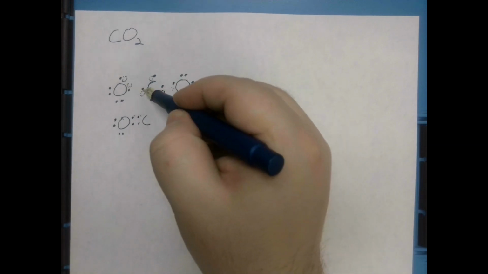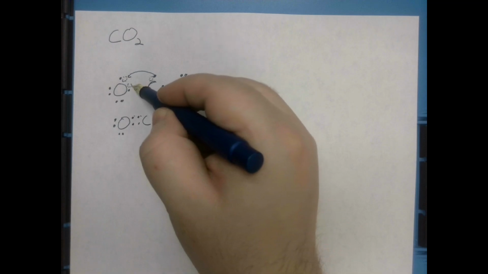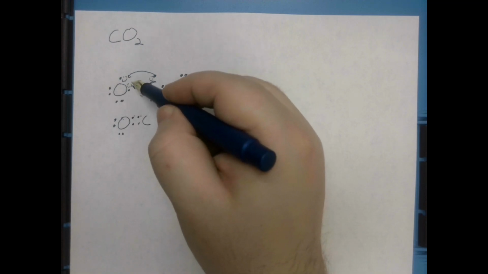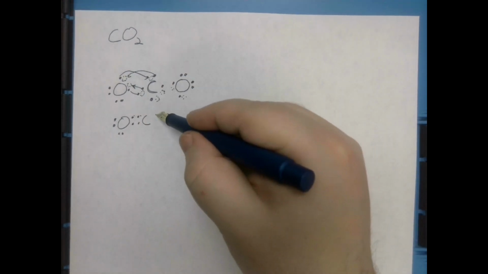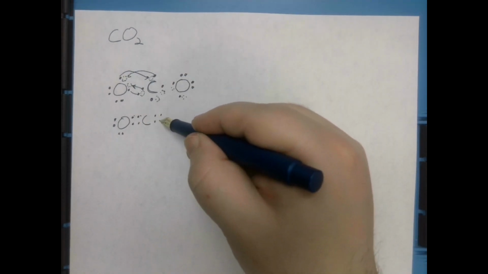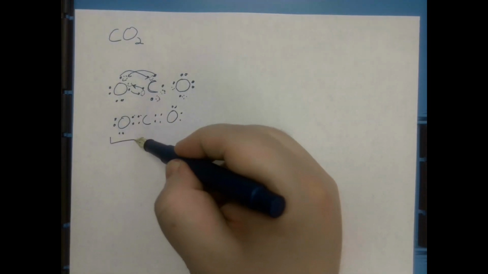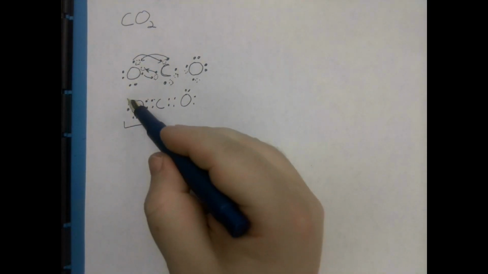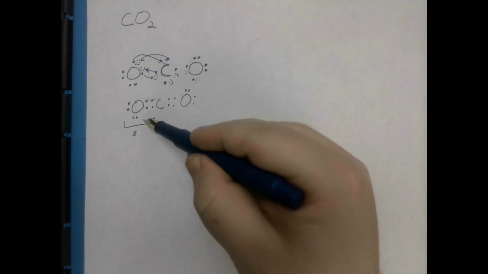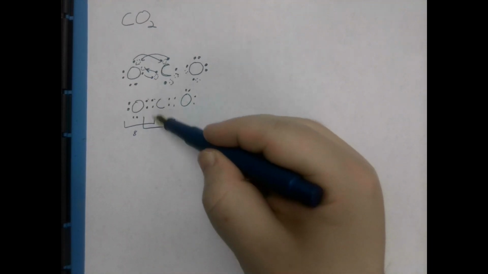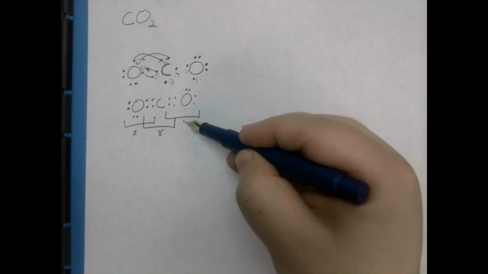So this electron's going to go here. This electron's going to go here. This one is going to go here. And this one goes over here, sharing. Same thing for this. When we share them like this, we now see this oxygen has 1, 2, 3, 4, 5, 6, 7, 8 electrons. This carbon now has 8 electrons. And this oxygen has 8 electrons.